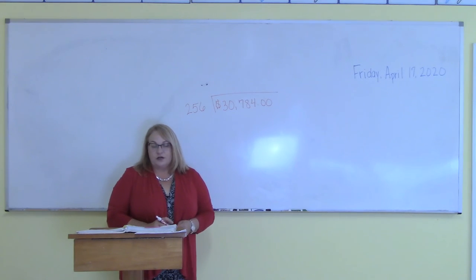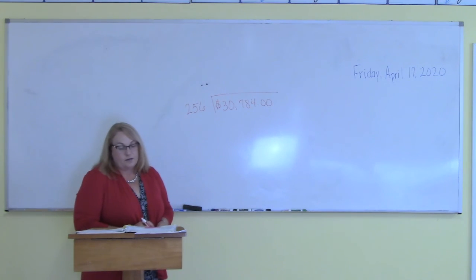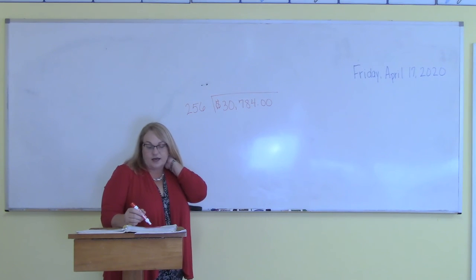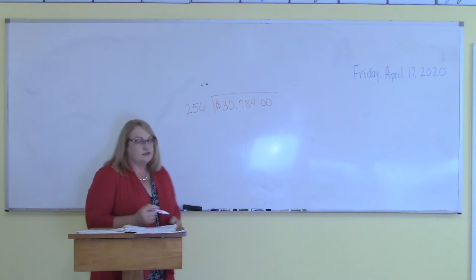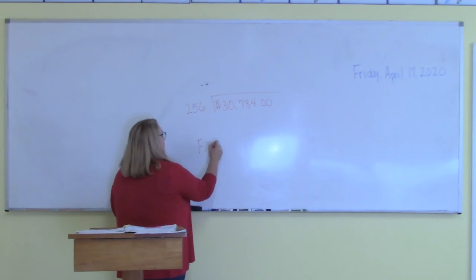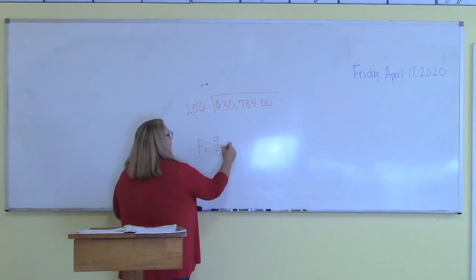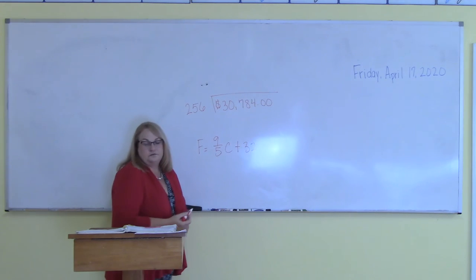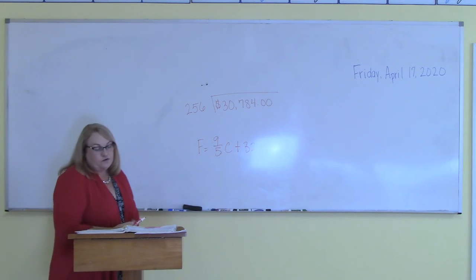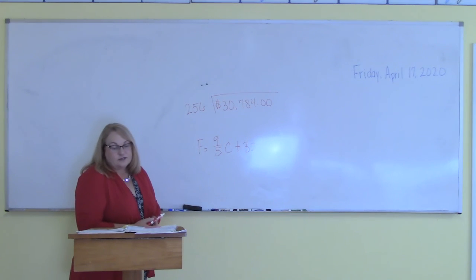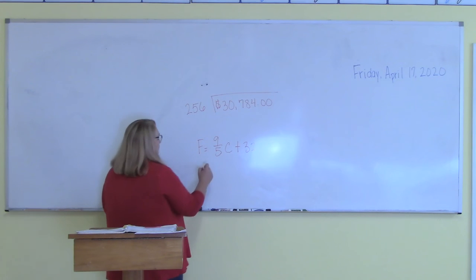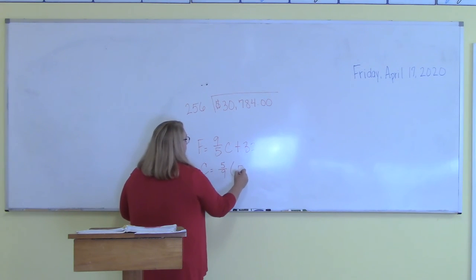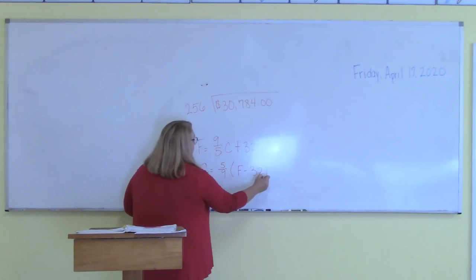Number 4, you're converting temperatures. Again, remember when you were converting Celsius to Fahrenheit, the formula is Fahrenheit equals 9/5 times Celsius plus 32. And when you're converting from Fahrenheit to Celsius, it's 5/9 times the Fahrenheit minus 32.